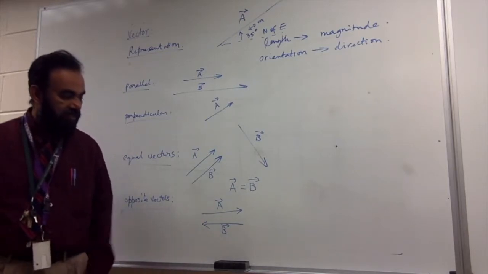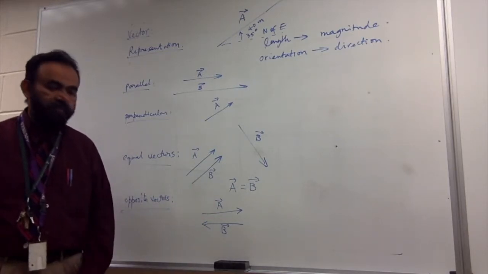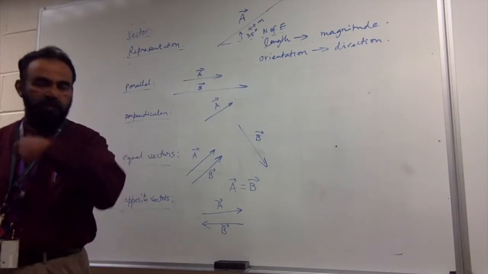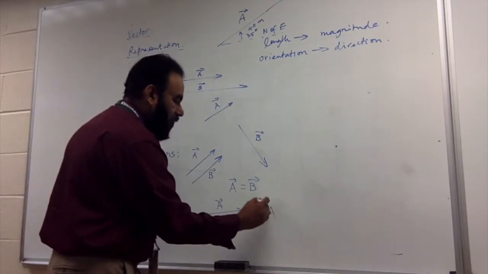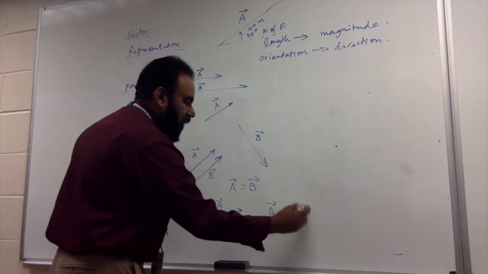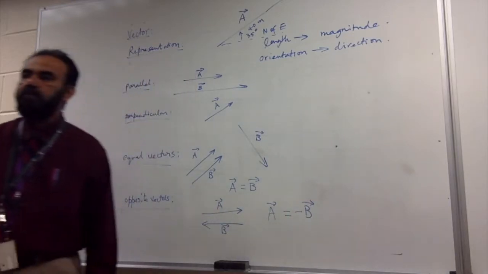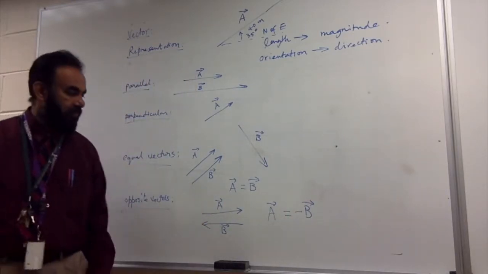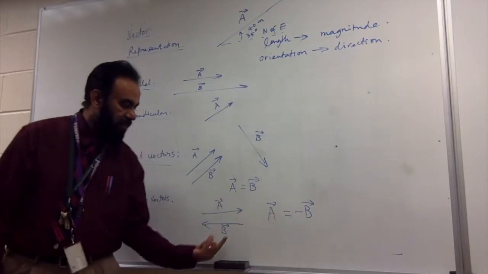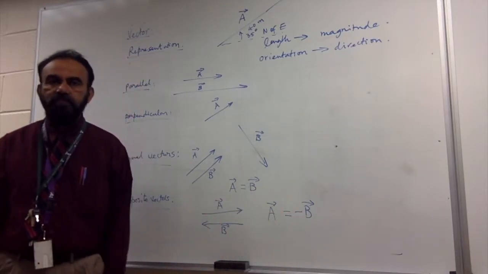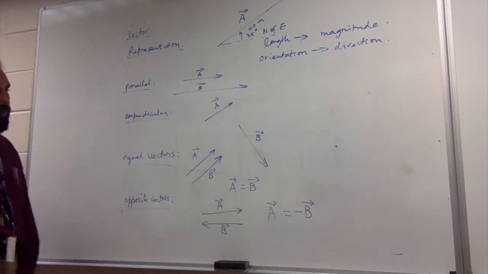Nothing else has changed here. They're in the opposite direction. That's it. One is this way. So in other words, A is equal to negative B. Does that make sense? That means if I take negative of B, it's the same as A. That is an opposite vector.